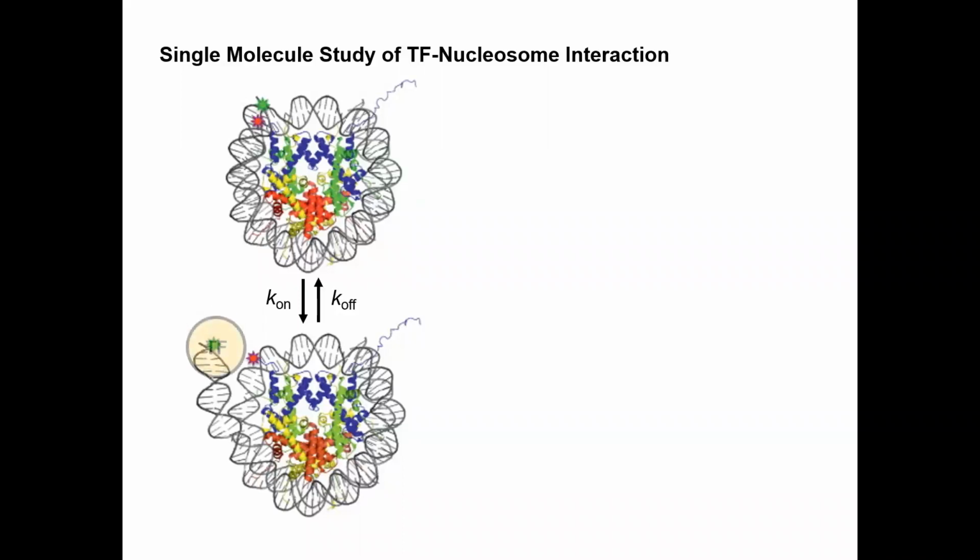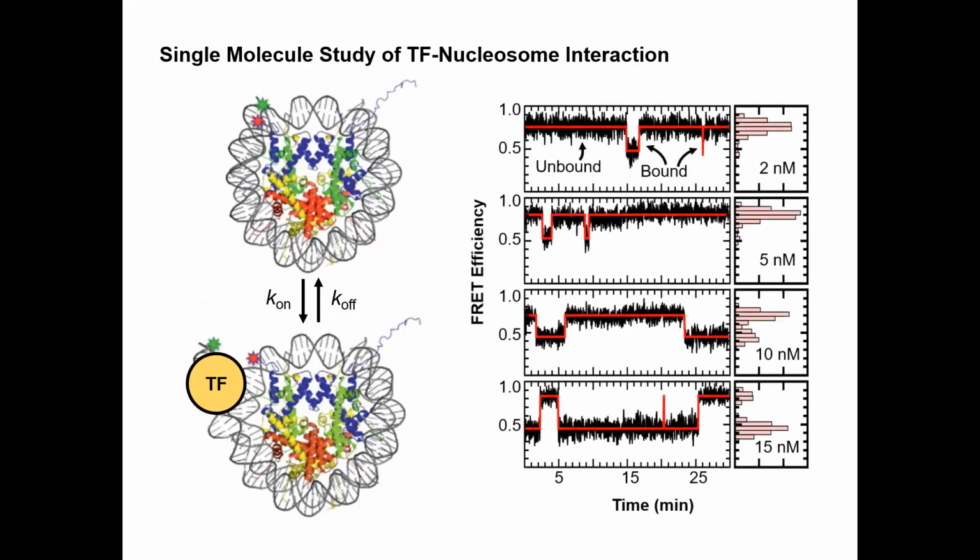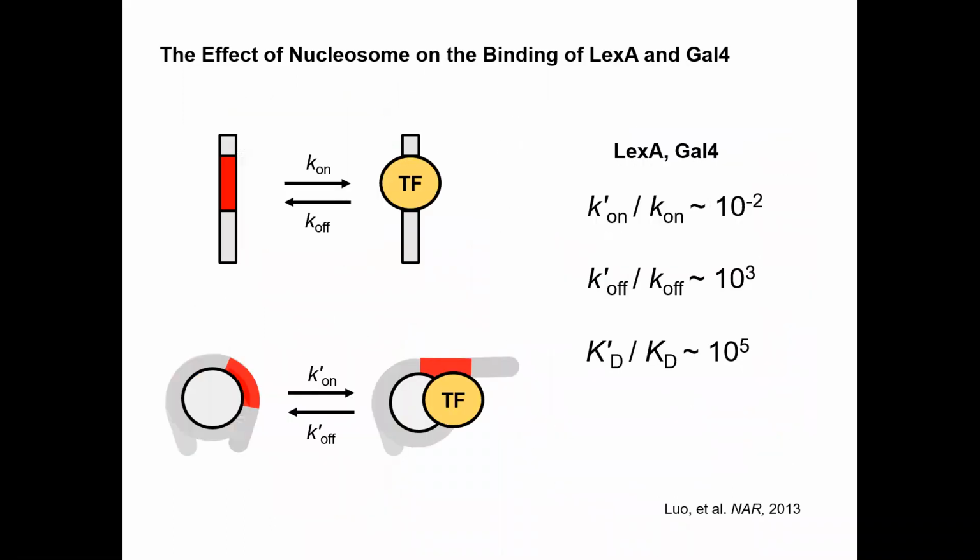If you have a transcription factor that binds here, it will stabilize this nucleosome in the unwrapped state. So you get longer and longer of these unwrapped states. And that's basically what you see, right? The lower FRET here is the bound state, and that's the unbound state. So by using this kind of plot, we can get the K on and K off of these factors on nucleosome. So now we have the capability of measuring K on and K off on both DNA and nucleosome template.